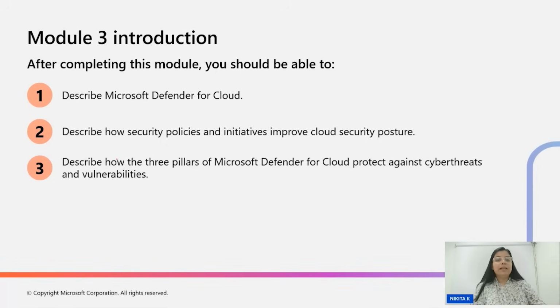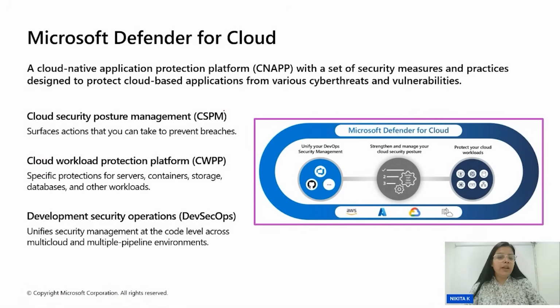So first we will be discussing Defender for Cloud, which helps you to protect the different workloads. Here we will have CSPM, CWPP and DevSecOps. CSPM is Cloud Security Posture Management, which will give you recommendations on how you can improve your posture and protect your environment.